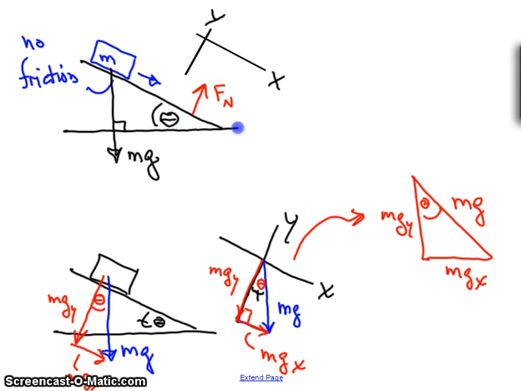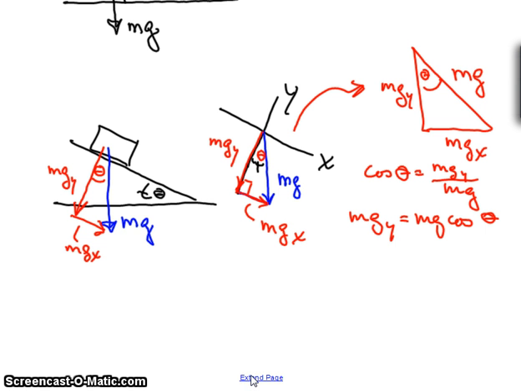We can see that the cosine of theta equals the adjacent mgy over the hypotenuse, or mgy equals mg times the cosine of the angle. That's maybe different than what you were used to looking at.